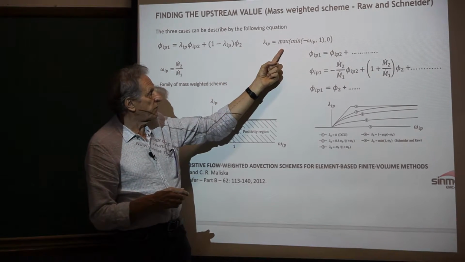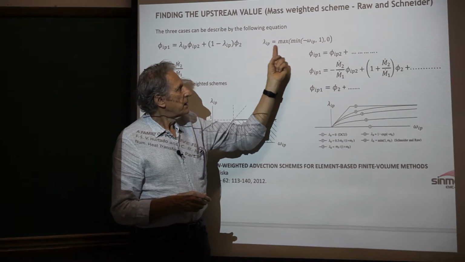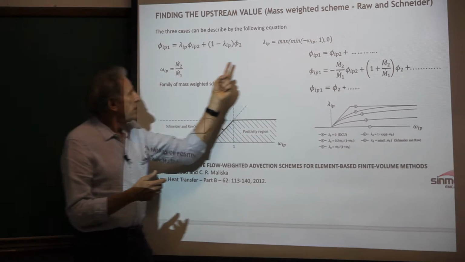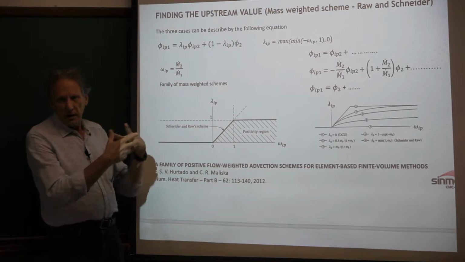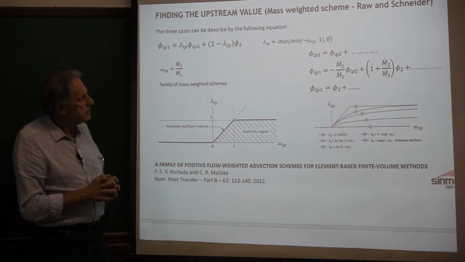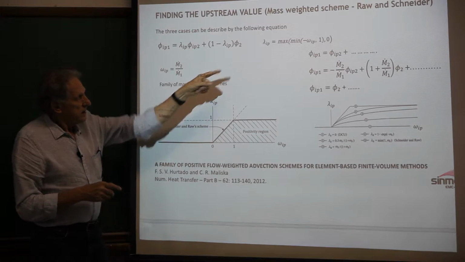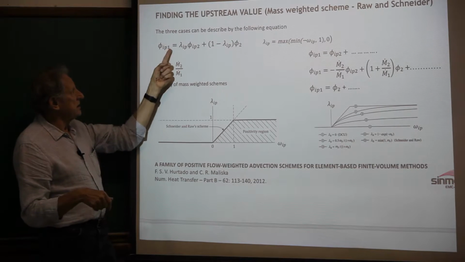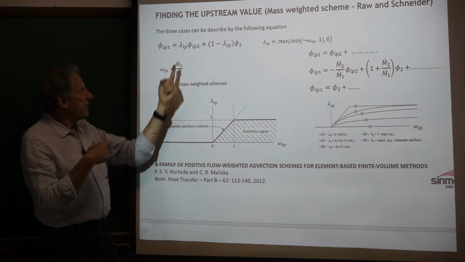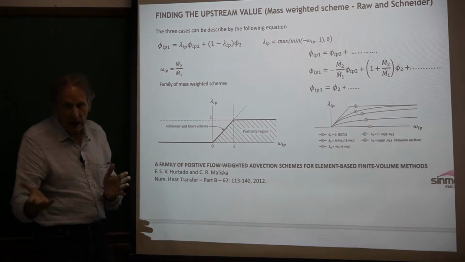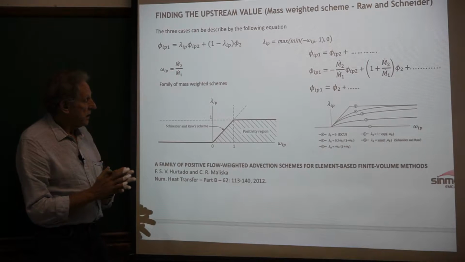Lambda is the maximum of minimum, as recognized in this equation. It's just what I just mentioned to you. If the flow rate is such as that, then you have lambda equal to 1, lambda equal to 0, or lambda between 0 and 1.